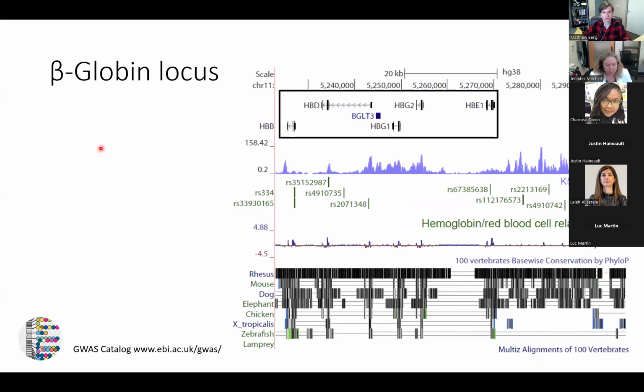Here's an example from a very well-studied locus. This is the beta globin locus, a cluster of the beta globin genes that are expressed at different times during development. This was actually the first identified distal enhancer that drives the expression of a mammalian gene.